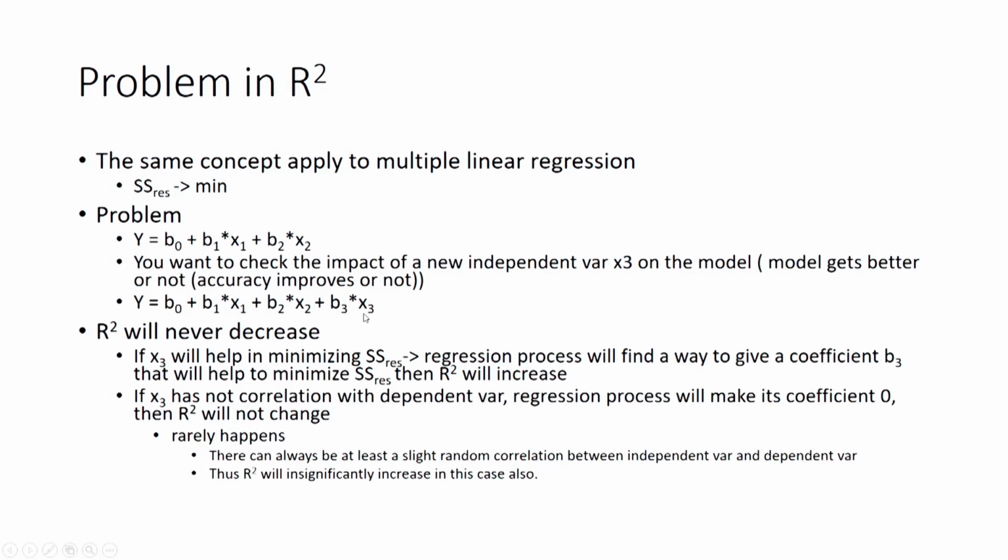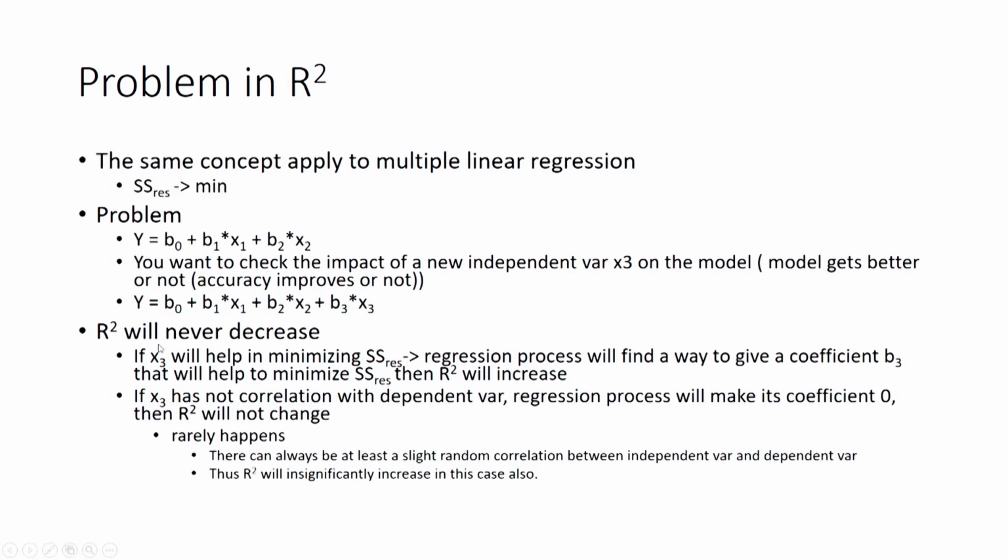If this feature is important, in that case R square should increase. So, the R square of the second model should be greater than the R square value of the first model, and if this feature is irrelevant, in that case R square of this should be less than R square of the first model. But what happens if we are adding new features in our data set that are not relevant?